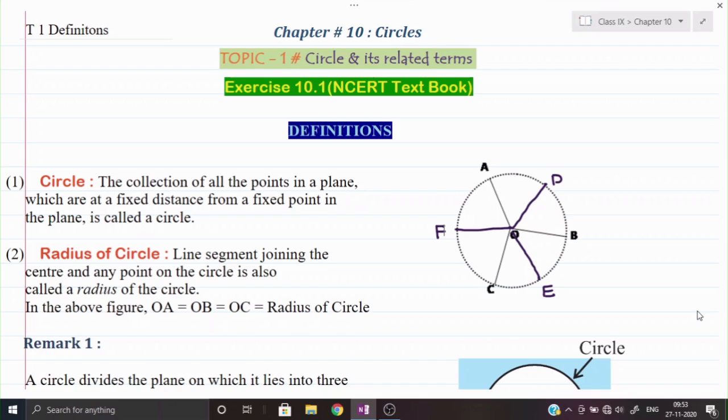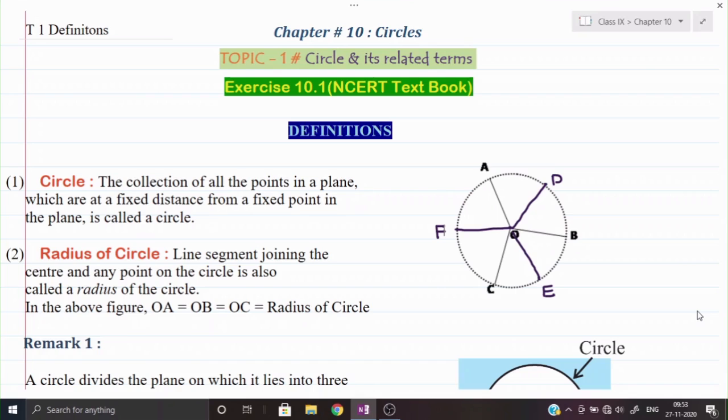Now how can we define the radius clearly? Here O is called the center of the circle because it is exactly in the middle of the figure. A, B, C, D, E, whatever points I have taken, are called points on the circumference of the circle. Circumference means the boundary of the figure.